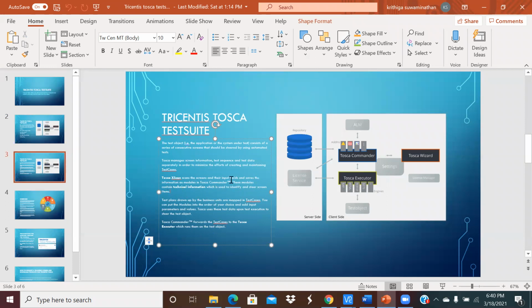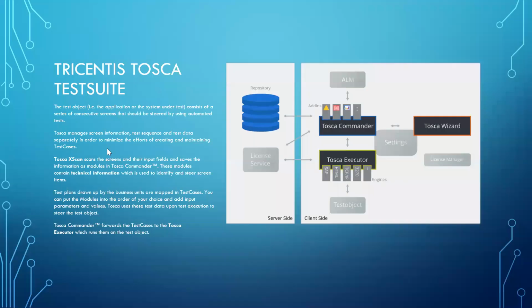The modules that you create in the Tosca commander will be created as a test case, and then you run the test case to generate the report. So basically you have the screen information, the test sequence, and the test data in an order so that you can follow the basic steps that you do in manual testing in a step-by-step way in Tosca.